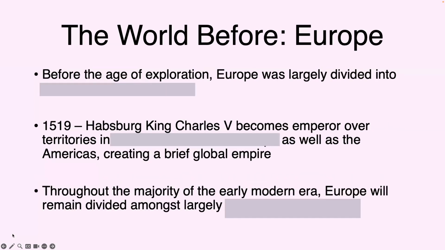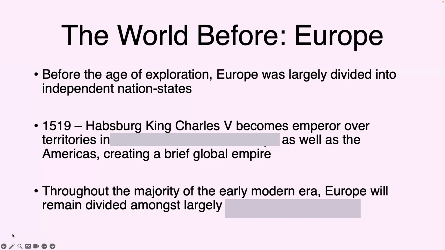So let's talk about the world before colonization. Let's start with Europe. Before the age of exploration, Europe was largely divided into independent nation states. That meant it was smaller kingdoms, smaller political organizations. There was not necessarily one leader ruling over wide swaths of territory, right?